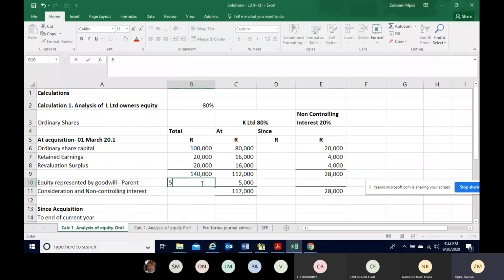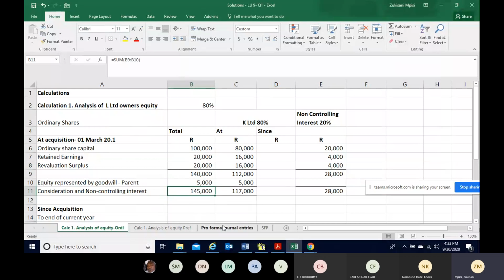So the goodwill is 5,000. So which means you've got assets and liabilities of 145,000. Now I want us to quickly go and perform the journal entries for this part that we have now done.